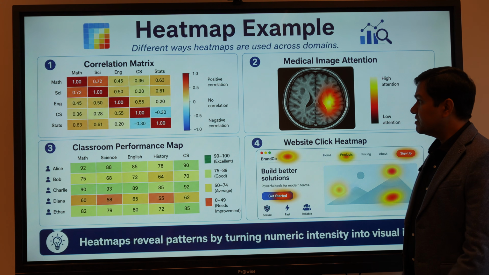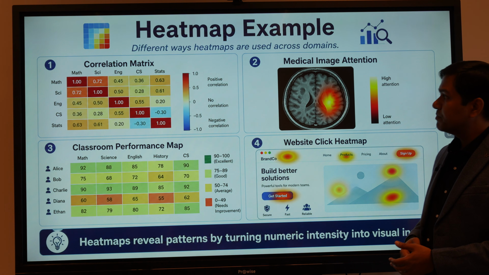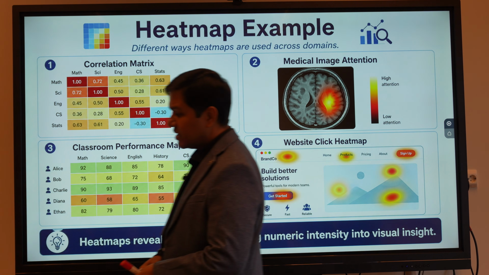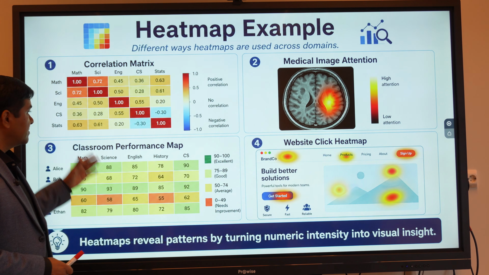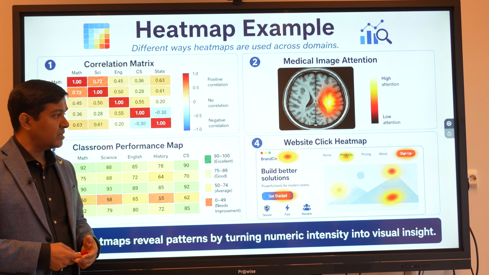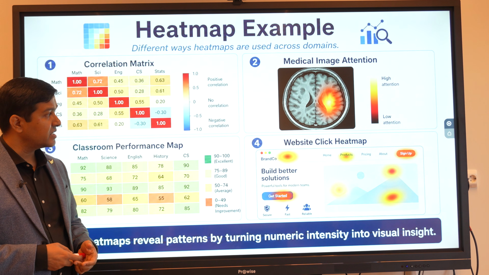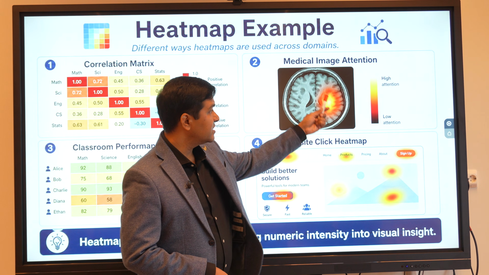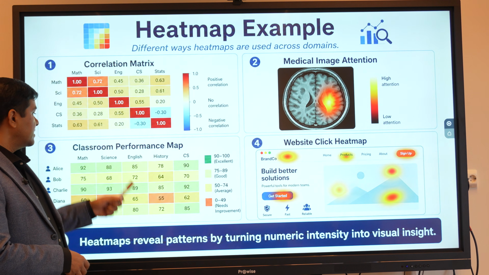Now let's take an example. A heat map can help in finding the correlation between two data points. If a medical image is used for diagnostics, it can show where the problem area is.